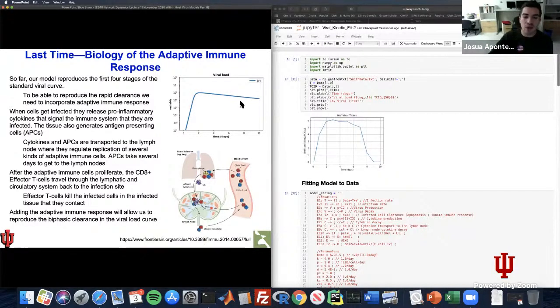But what is observed in this viral load curve is that after day 8, when the adaptive immune system kicks in, there is a rapid clearance of the virus. So to be able to reproduce that rapid clearance, we need to include the adaptive immune response in our model.